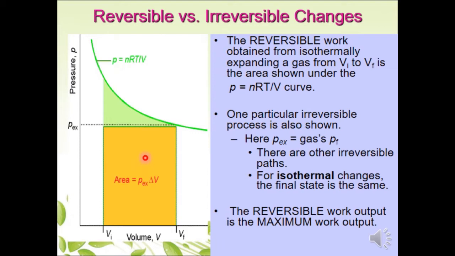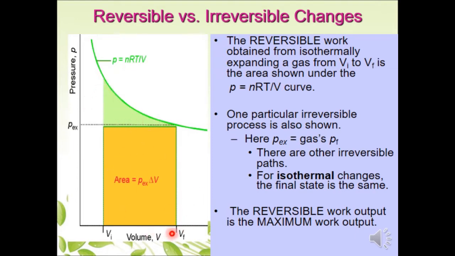So for irreversible, the pressure is constant. You see here the reversible work obtained from isothermal expansion of gas from Vi to Vf is the area shown under the P equals nRT over V curve, which is this.